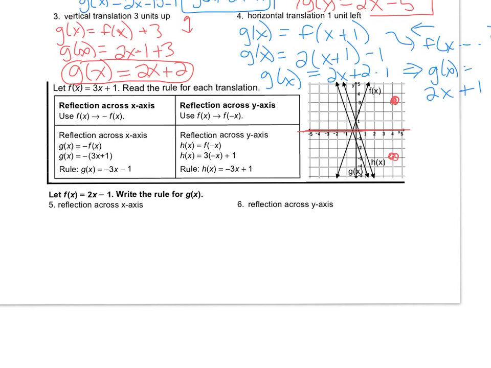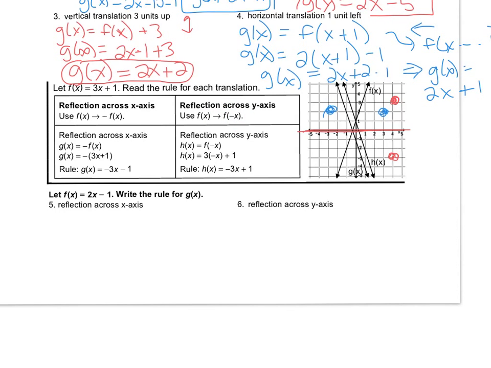So if you look at what is written here, it's negative times f of x. Versus across the y-axis, you're maybe starting here, and then you're going to flip over to this side, so your x value is changing. So we are changing what is getting substituted in for the x.